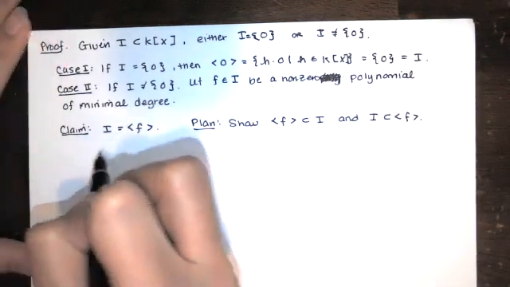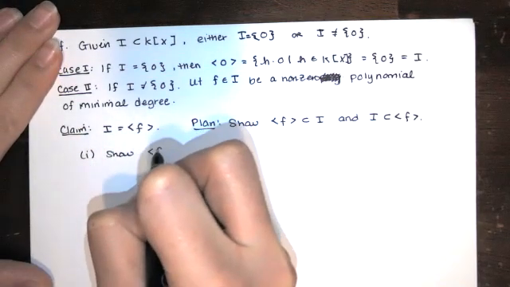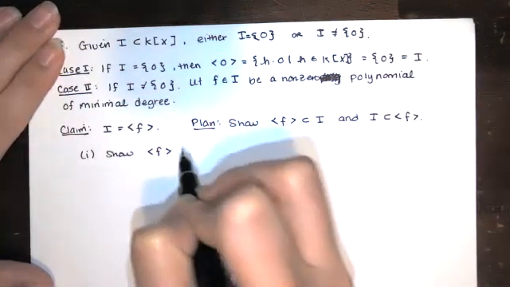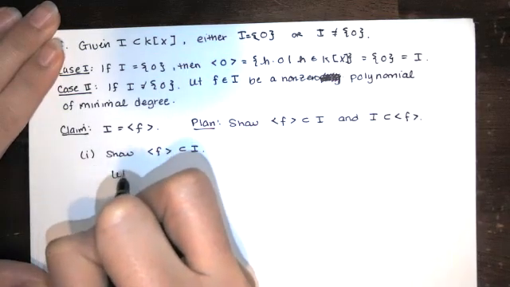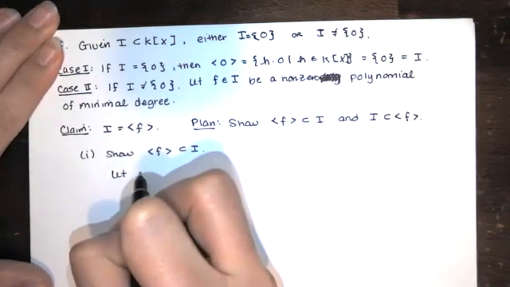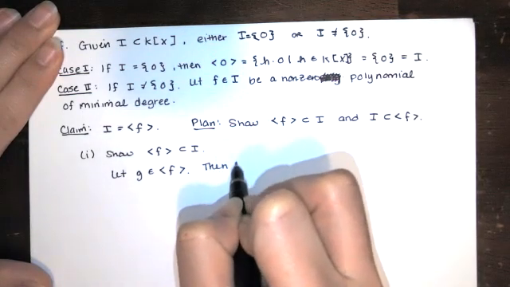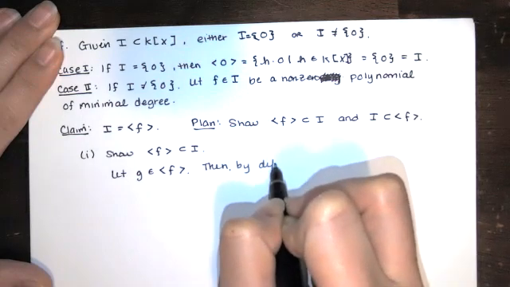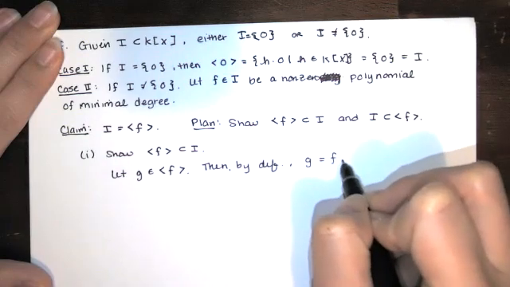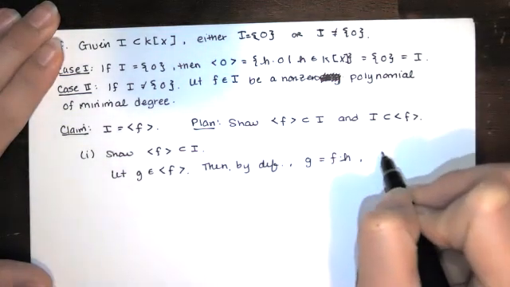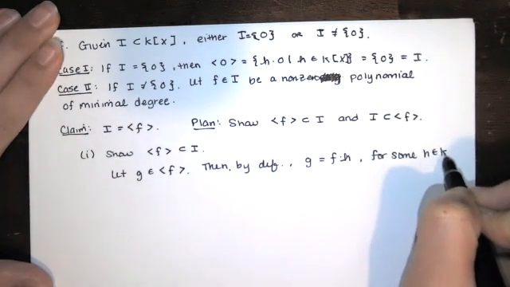So first, let's show that the ideal generated by f is a subset of I. Well, first, in order to do that, we need to choose an element of this set. Then by definition of the ideal generated by f, g is going to be equal to f times h for some h in our ring.